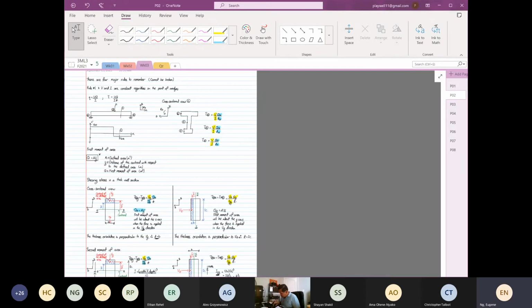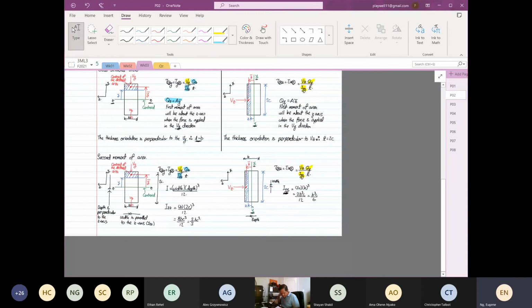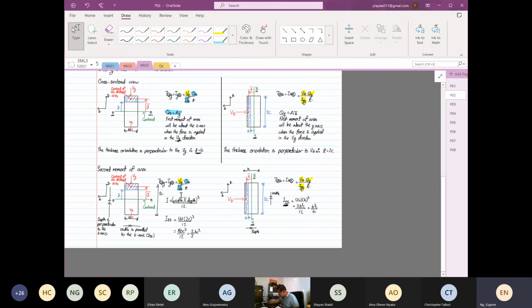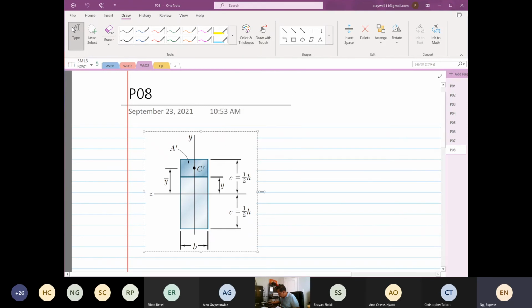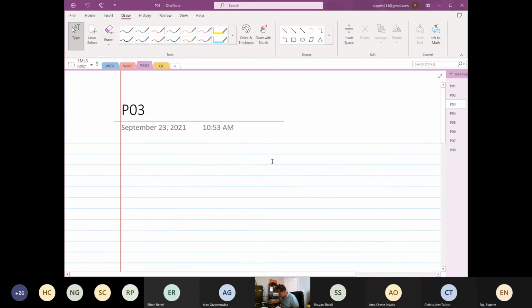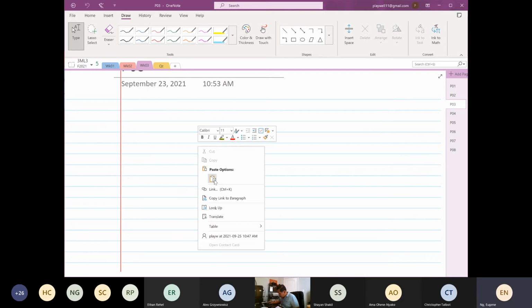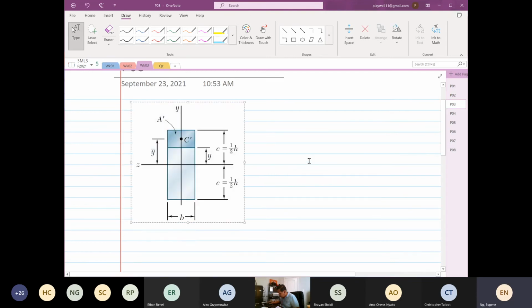Okay, so before the break, I just defined how to find the first moment of area and the second moment of area. I'm going to use this diagram, which you can download from Avenue to Learn, and I want to describe rule number 2.